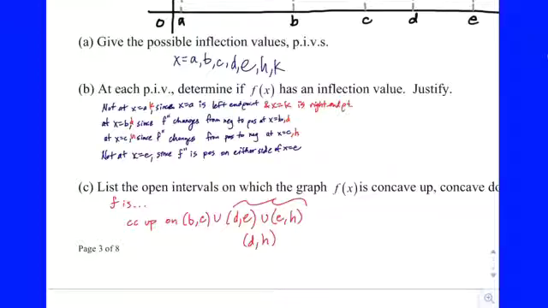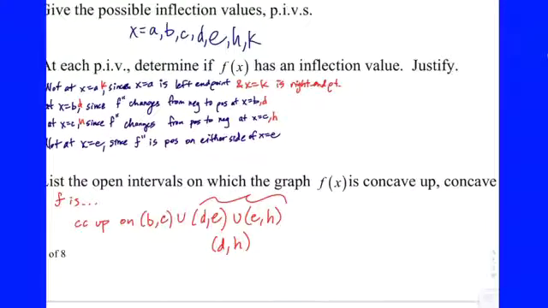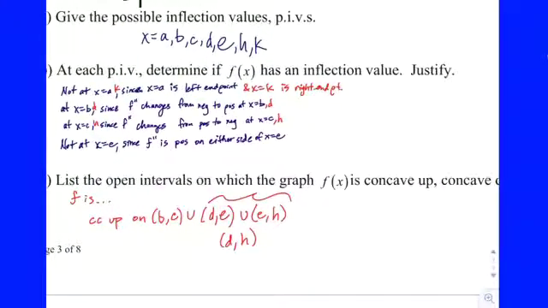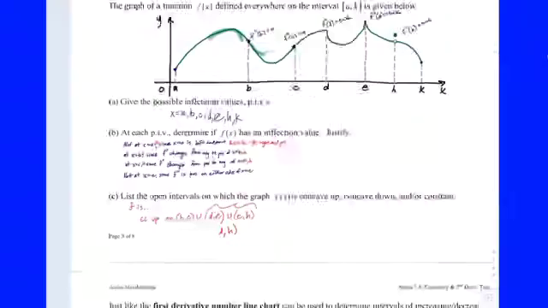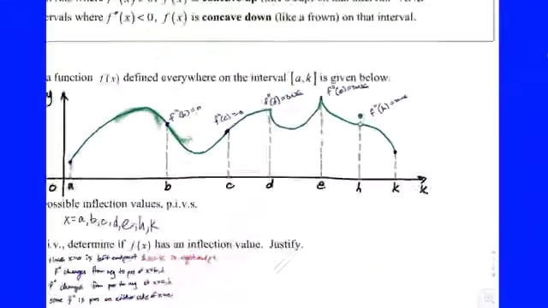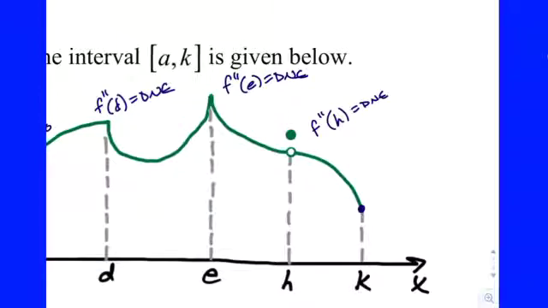If we go from D to H, we're saying that the graph of F is concave up at E. Can we say that? Does the concavity exist at E?